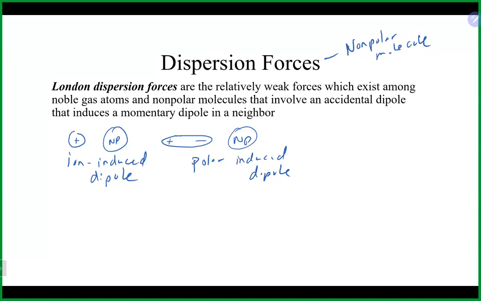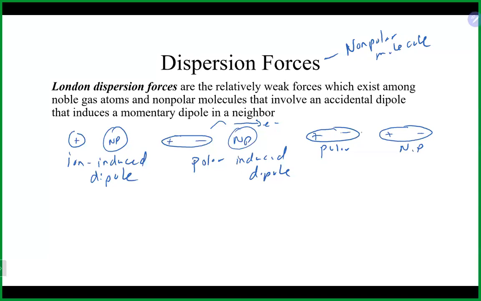We'll just take this example here. If this was the case, what would happen in this nonpolar molecule, which is pretty much neutral, is its electrons would head the other way, away from the negative charge of the polar molecule. This polar molecule will now make this nonpolar molecule, which normally does not have a charge, temporarily gain a charge as those electrons move away from the negative side of the other.